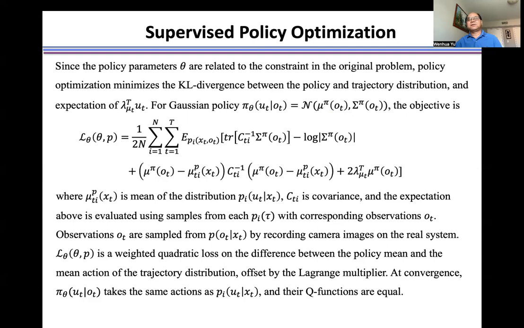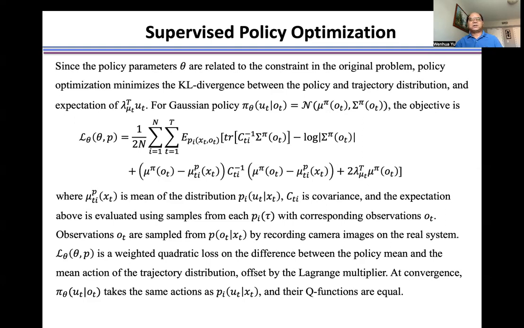Supervised optimization means that once we use the trajectory optimization and get the convergent controller, we can use this controller as the target to train our policy network.